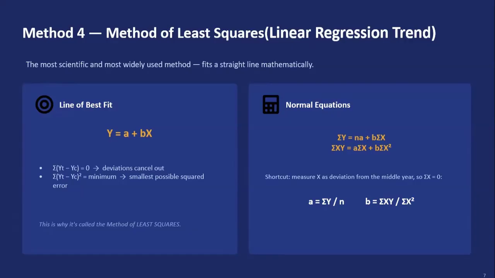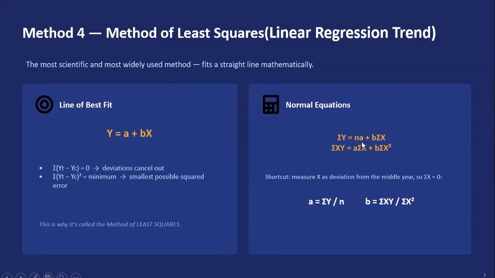Because of the second condition, this line is called the line of best fit and the method is called the least square.